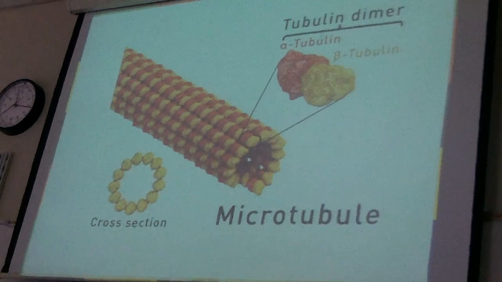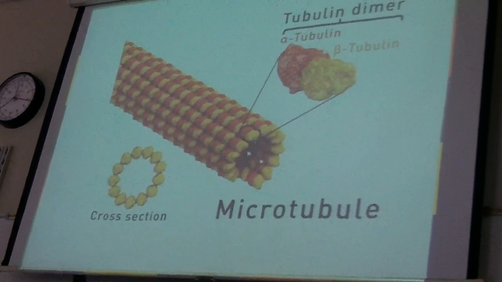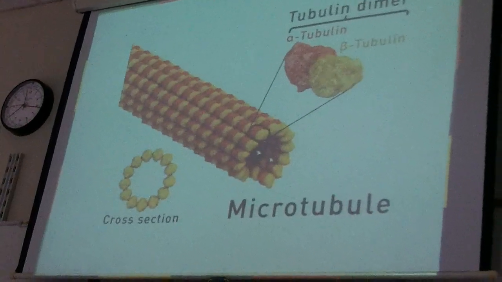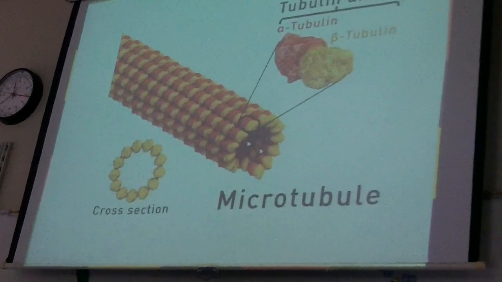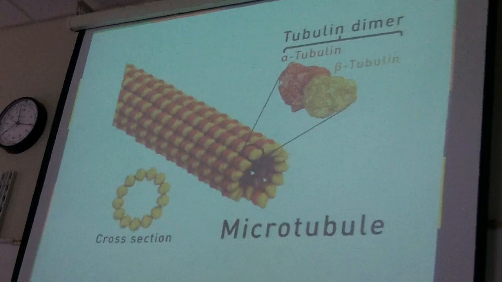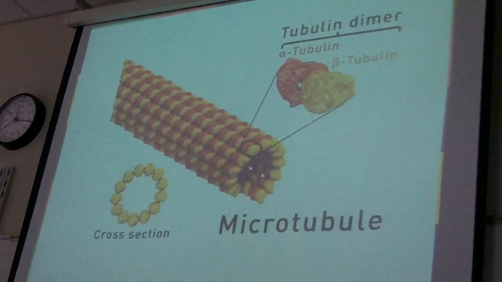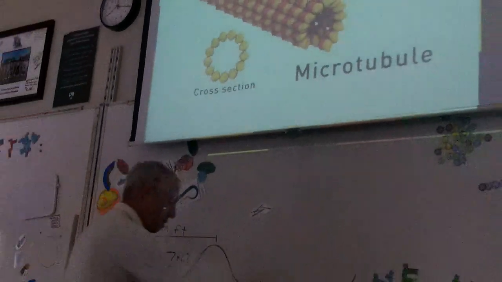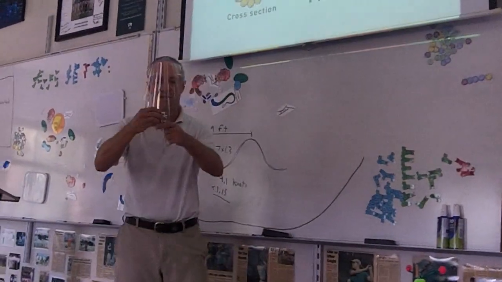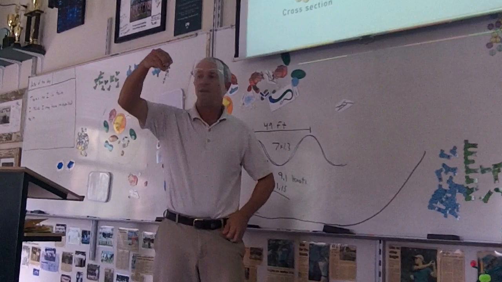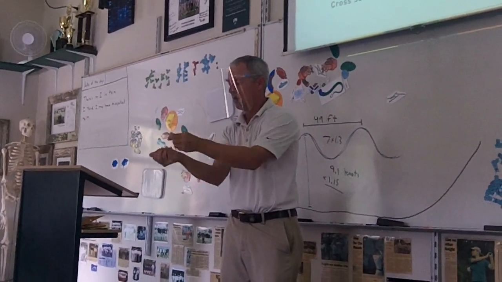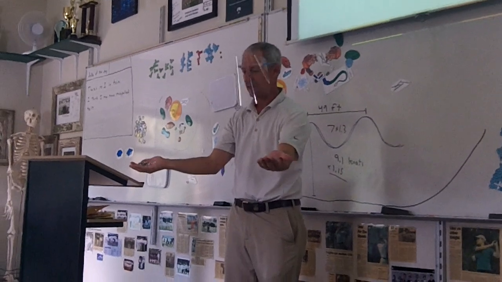And tubulin comes in what we call dimers. Dimer means two proteins. Alpha tubulin and beta tubulin hooked together. So back to my models here, my beads. This might be alpha tubulin. Here's beta tubulin.